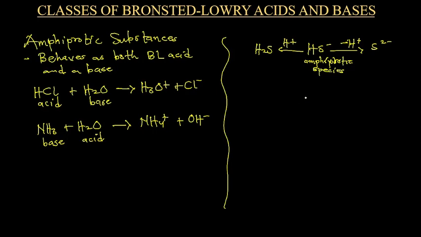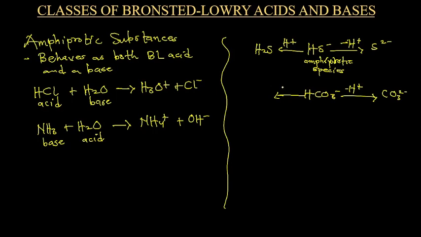Let's take bicarbonate, HCO3 minus. Now this is from carbonic acid, which is supposed to be H2CO3. So what happens when we take the second proton away? So let's subtract a proton, H plus. What we are going to have is carbonate, CO3 2 minus. But this same species is capable of accepting the proton.